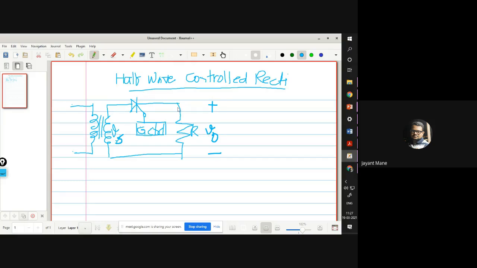Then we have also drawn the load current. Let's say it is I0.